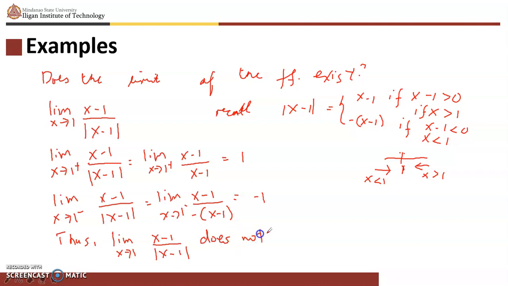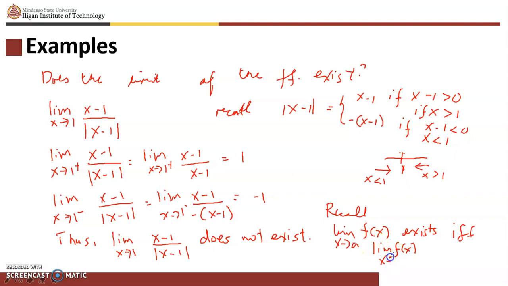It does not exist because for a limit to exist, we should recall the theorem that the limit of f of x as x approaches a exists if and only if the limit of f of x as x approaches a from the right and the limit of f of x as x approaches a from the left both exist and are equal.